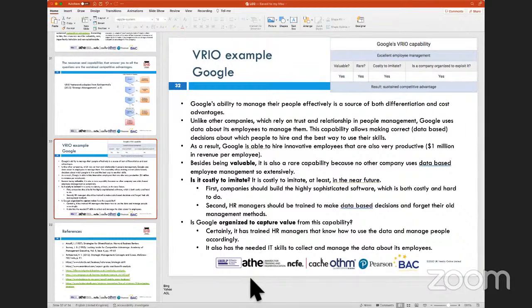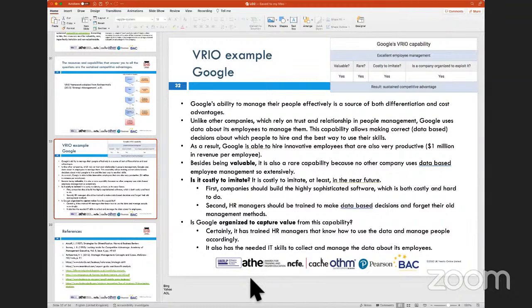So whether Google's management looks at these resources and continued investment in them, and feels that it will give them competitive advantage or not, is going to be decided using the VRIO framework. That is what has been explained in this example by taking Google.